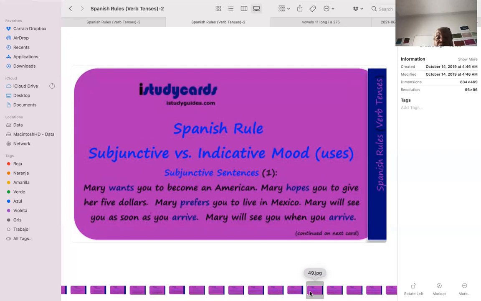Now, if I were to structure it as if it were the indicative, I would say Mary wants that her mother becomes an American. But at one time in English, that would have been very wrong. That would have been on one of those SATs, GRE exams, and it would be wrong.